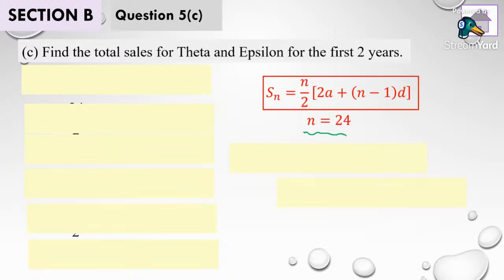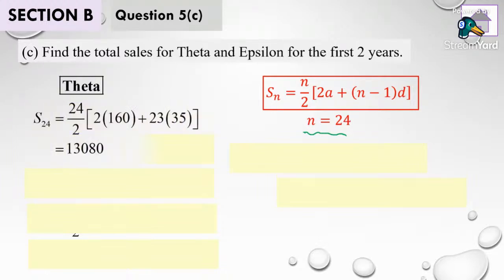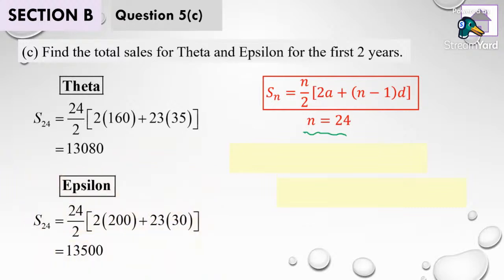And I want to find the total for both of them. So what I can do is calculate the total individually first. For theta, S24, the answer is 13080. For epsilon, substituting according to the formula, I find that the value is 13500.